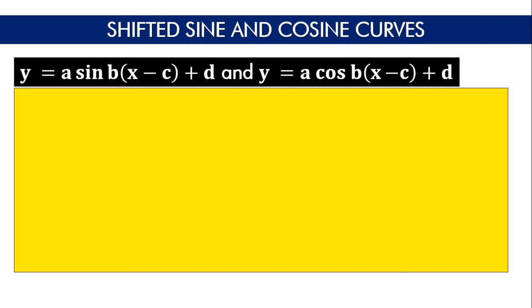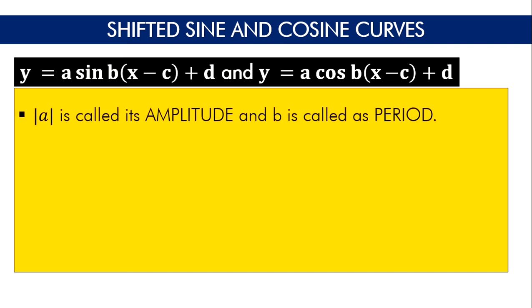And in cosine, y = a cos(b(x - c)) + d. So here, a is still the amplitude, and b is part of the period. The formula for the period is 2π over b. Remember, the formula for the period is 2π over b, not b is the period.